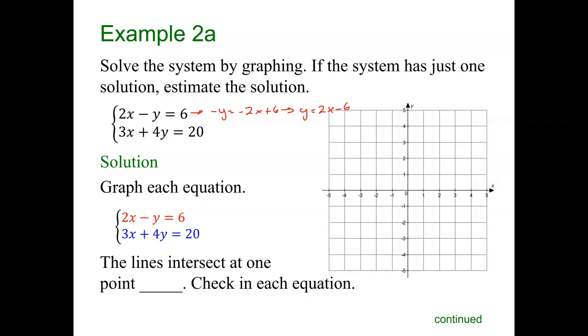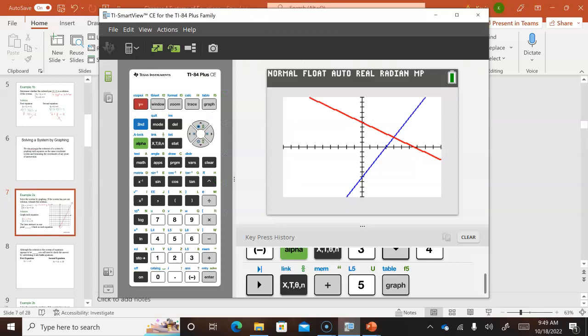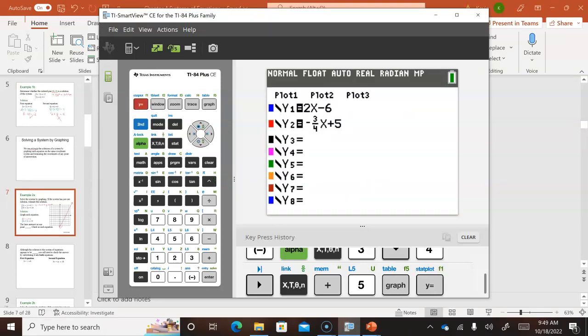So 2x minus 6 is my first equation. Okay? And so, I'm just going to graph that. There's a quick sketch. Let's do it in the graphing calculator. All right. 2x minus 6. There's my first line.